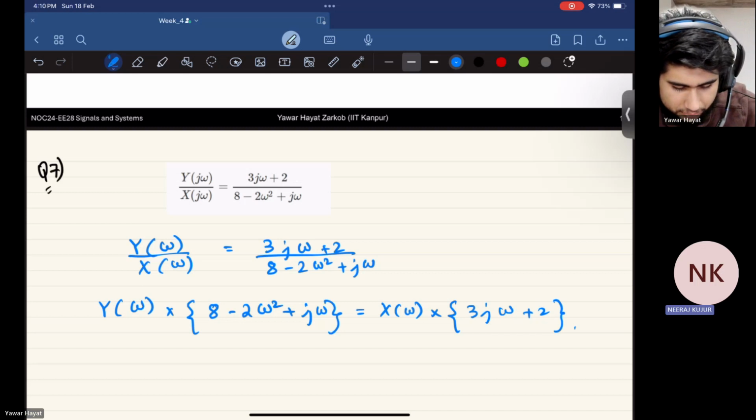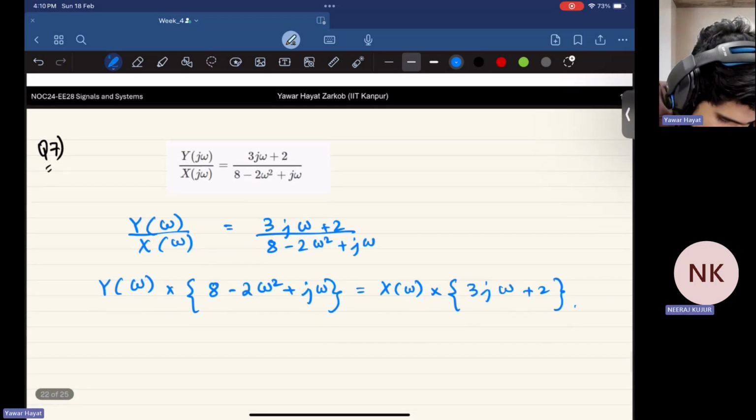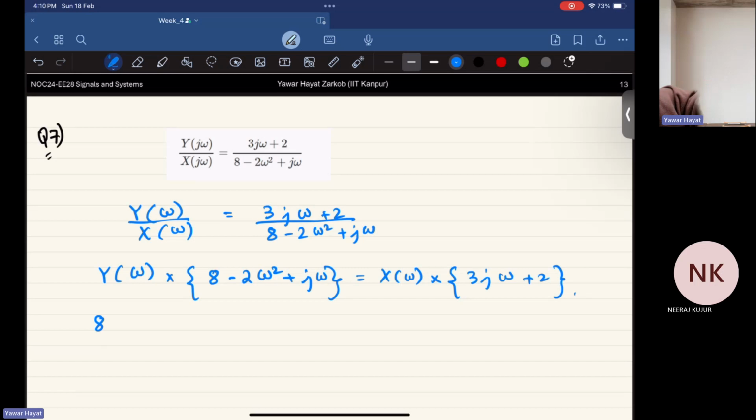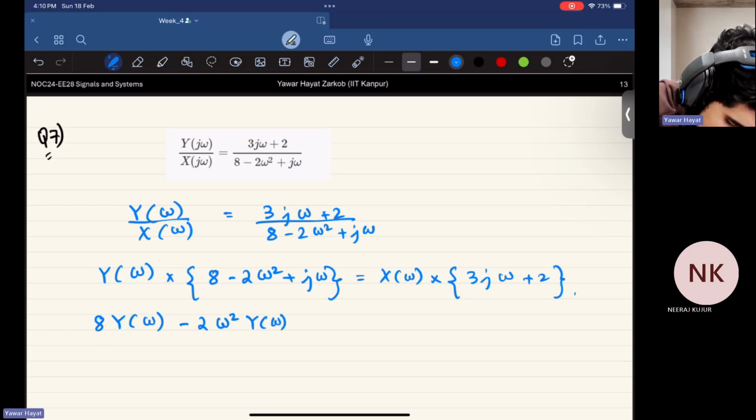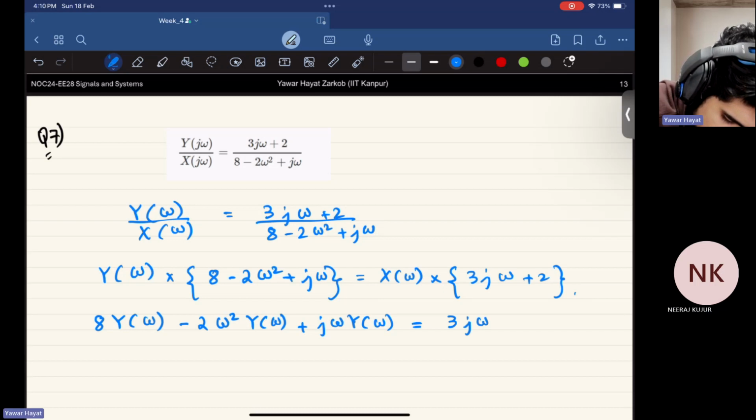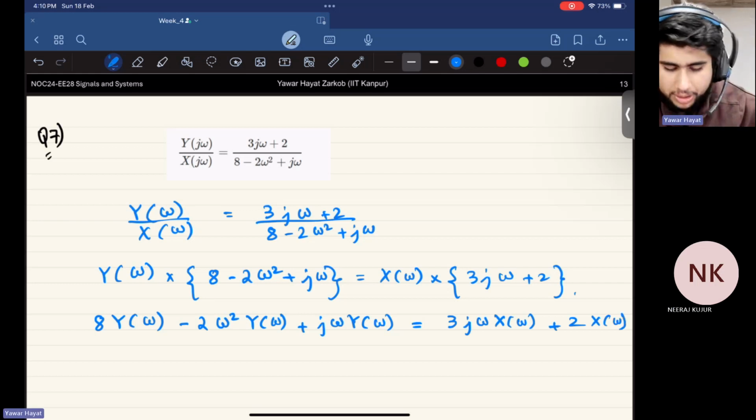So this can be written as 8 y of omega minus 2 omega square y of omega plus j omega y of omega, equal to 3j omega x of omega plus 2 times x of omega.